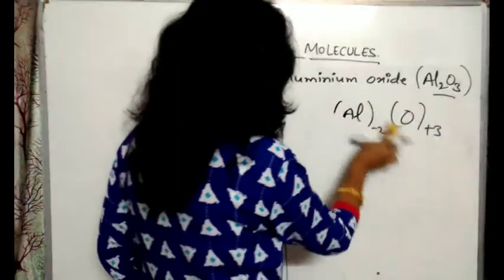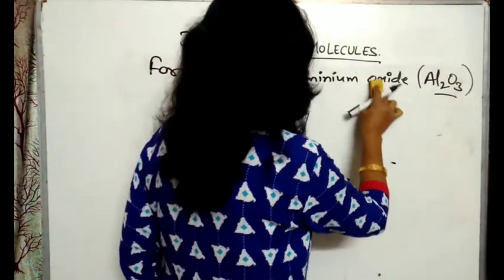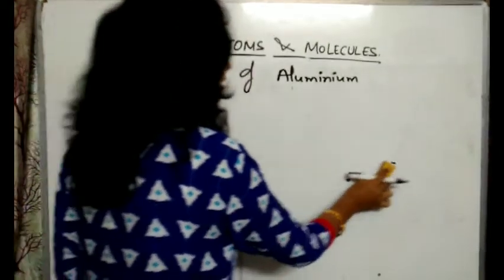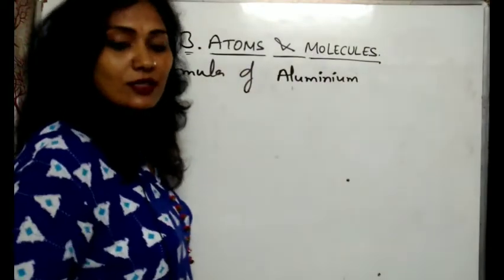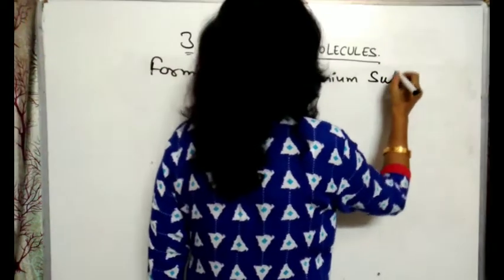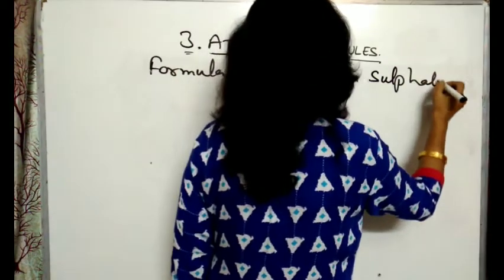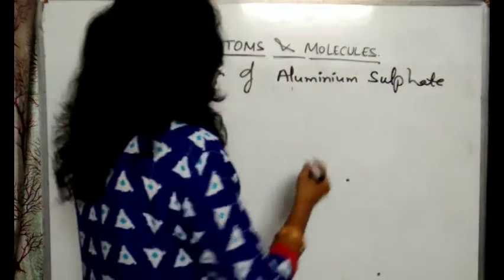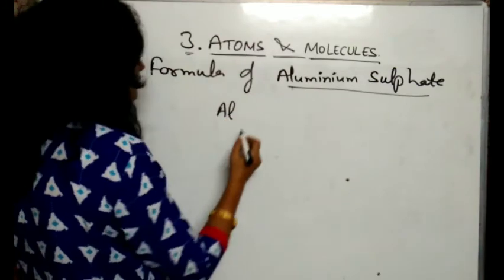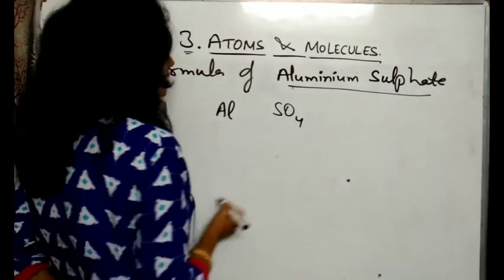Let us write another formula of aluminium. You can write the formula of aluminium sulfate. For aluminium we will write Al, sulfate SO4.